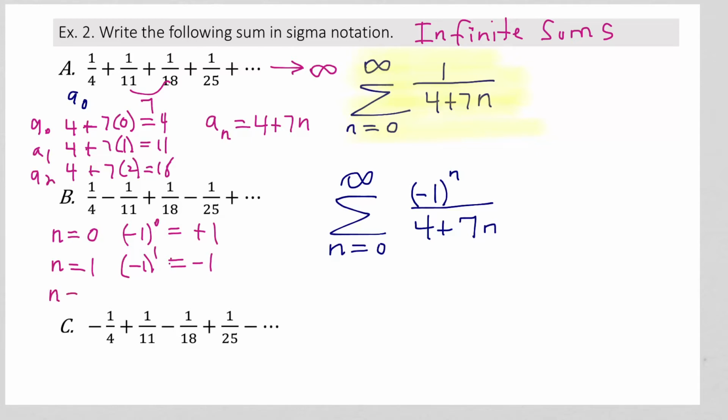When n is equal to 2, you've got negative 1 to the second power, which is equal to positive 1. All right, so putting this in the numerator will get this sign to switch from positive, negative, and you'll achieve this. All right, so that's what we do to get the second list in sigma notation, and we want it to go from plus, minus, plus, minus.